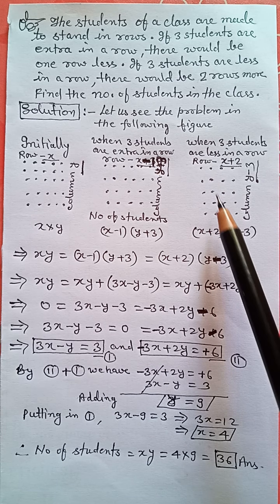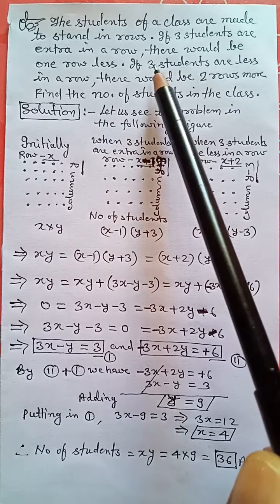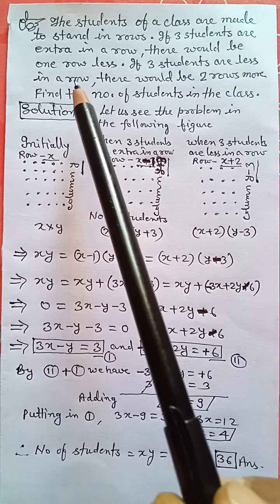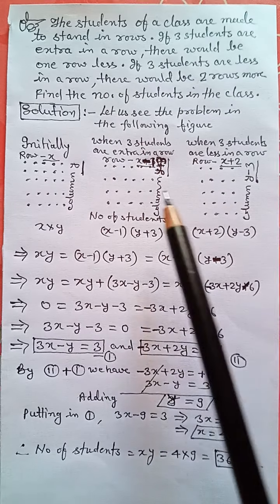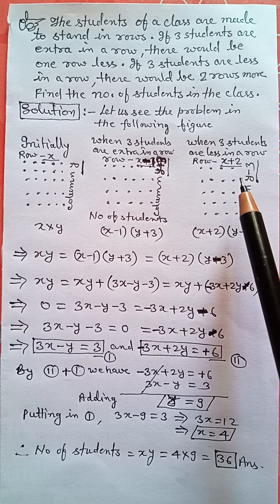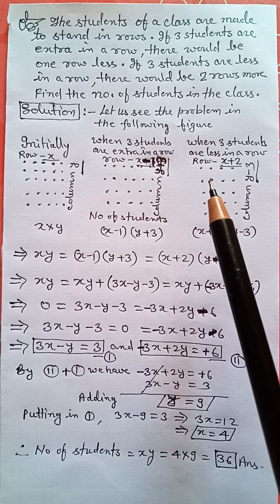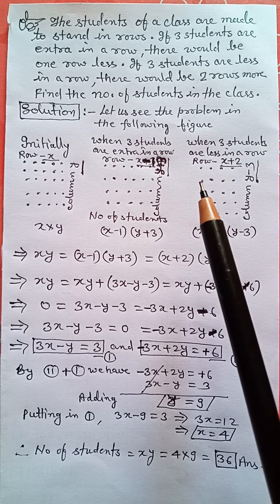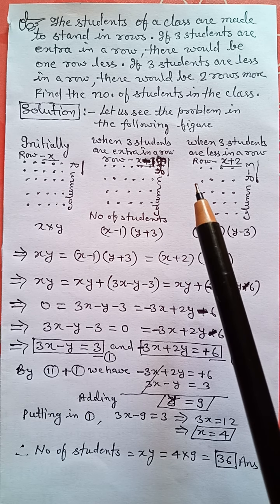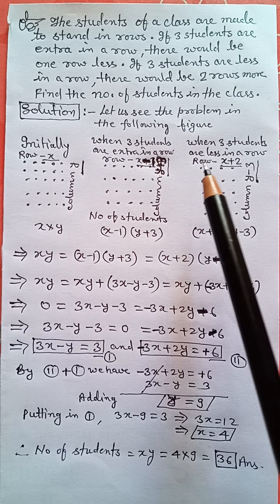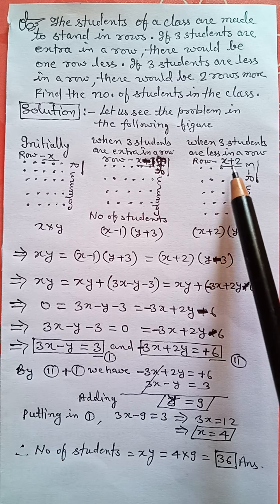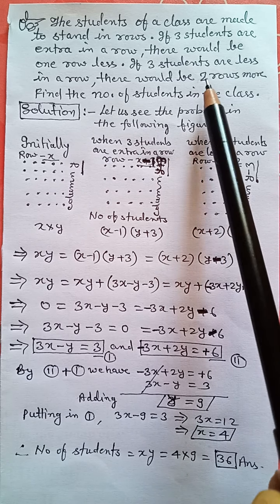Similarly, in the second case, if 3 students are less in a row, that means columns is reduced by 3, then of course the rows will be more, and hence the rows is x plus 2 because 2 rows more.